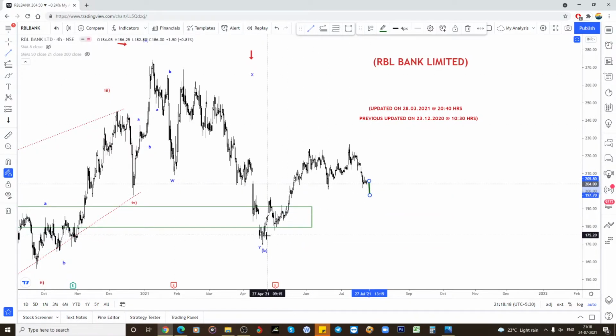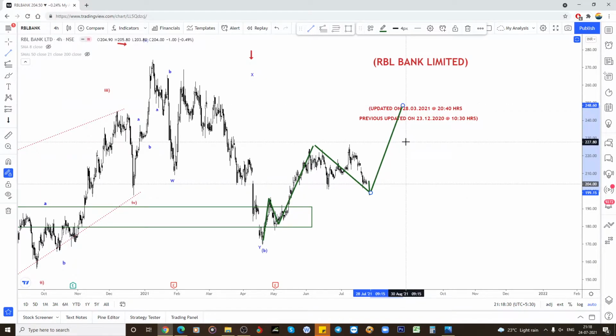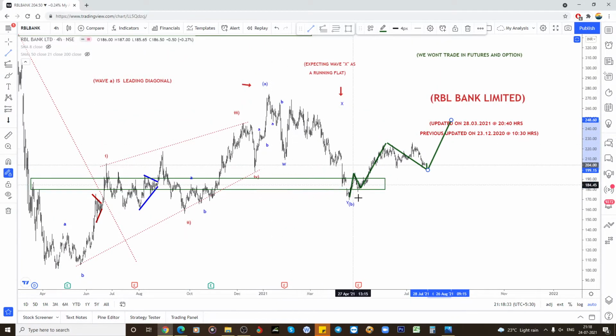So this is A, this is B, then C, and this could be a W, and this whole thing becomes X or B. So we are expecting a Y or C. So once this B ends, it could make one more move, the same bullish only.